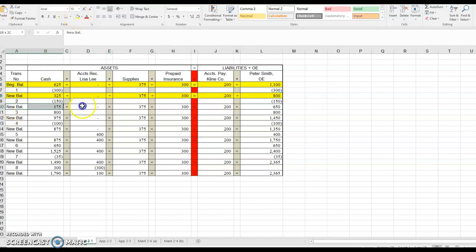As you record the transactions, and you can see this problem is already done, it affects the balance. So you see you had 625 here, a negative 300, your new balance went to 325. And these are automatically calculated for you. It was already set up like that. So by typing in there, it overrides the formula, and you don't want to do that.